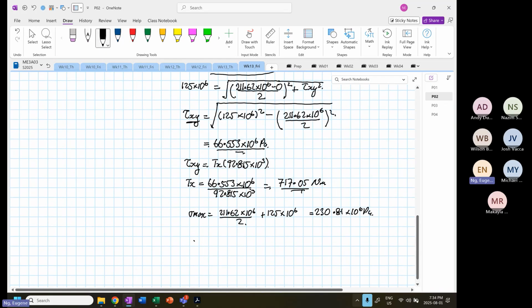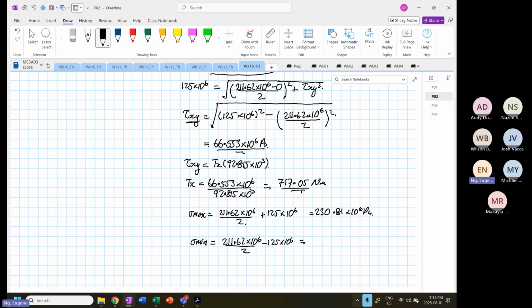And the stress mean will be equal to 211.62 times 10 to the power 6 divided by 2 minus 125 times 10 to the power 6, which is equal to minus 19.19 times 10 to the power 6 Pascal.